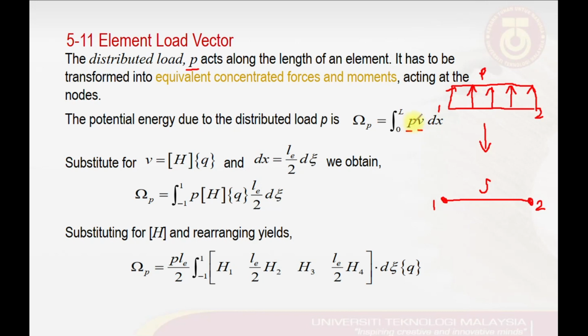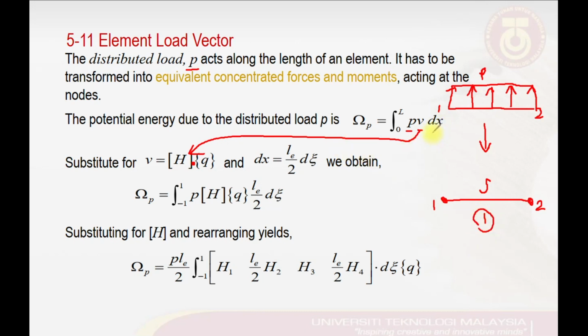As we discussed in the previous meeting, V is contributed from H multiplied by Q, where H is the Hermite functions and Q is the deformation, the translation and the rotations at nodes 1 and 2 of this element number 1, for example.